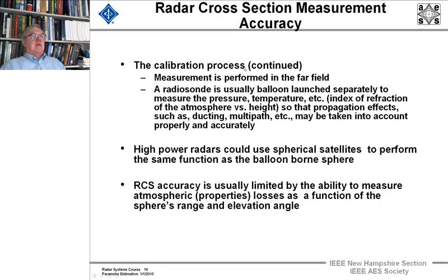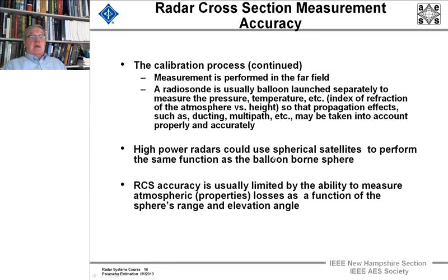Now, the calibration process, we're going to continue. The measurement is always performed in the far field, and a radiosonde is usually a balloon launched separately to measure the pressure and temperature, that is, the index of refraction of the atmosphere as a function of height, so the propagation effects, such as ducting and multipath, may be taken into account properly and accurately.